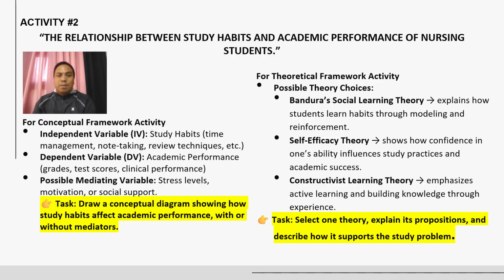Your task in the conceptual framework activity is to draw a conceptual diagram showing how study habits affect academic performance with or without mediators. And then in your theoretical framework activity, select only one theory and explain it and describe how it supports the study. Okay, so those are your activities, to be passed on Monday.